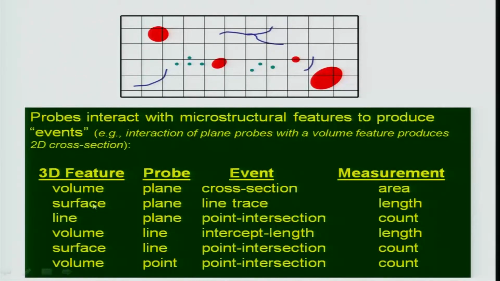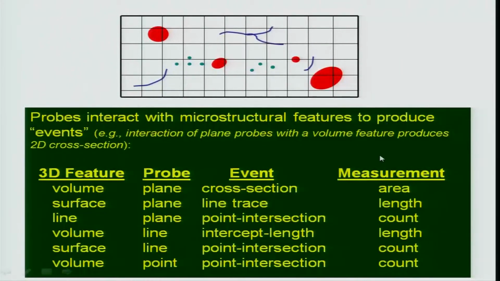So, I have a table in which I have given some of the events and what are the kind of measurements I can make on these events. For example, if the feature is volume, which is like a 3-dimensional particle or a 3-dimensional grain, a plane probe will intersect some of these volume features or these particles and produce cross sections that are shown here.